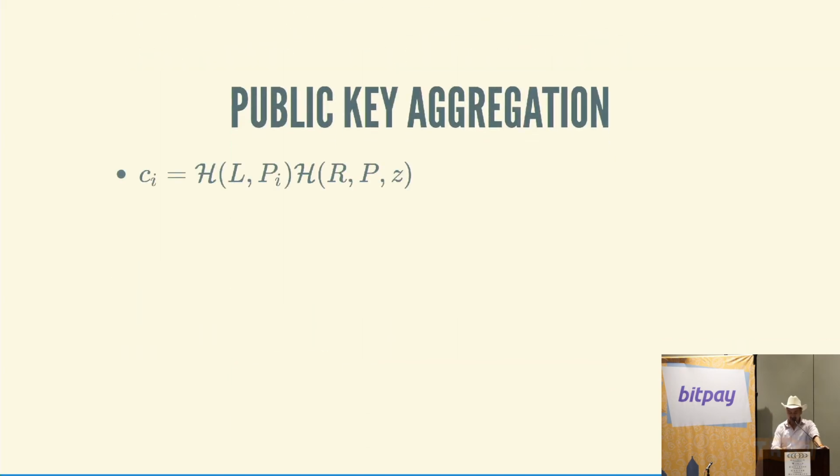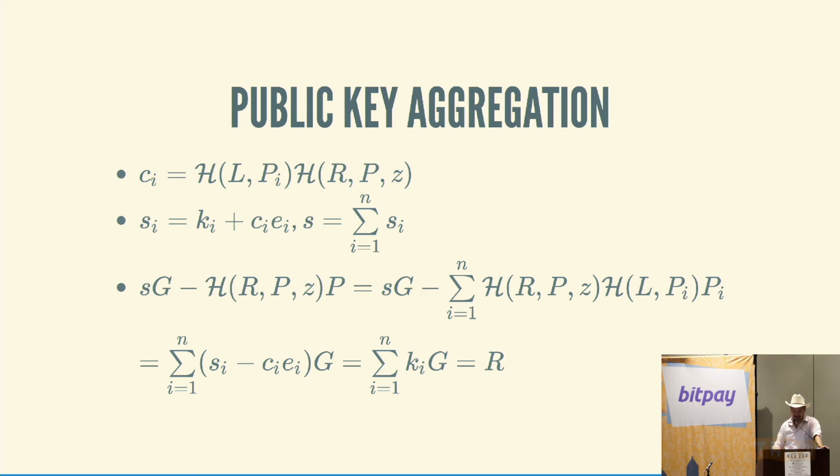Then you compute c sub i, which is that hash times the other hash, which is what you want to commit to. These are the things that are computed by each private key holder, and s is the sum of these things. And you can work out the math. The actual equation ends up being s G minus this thing, because we can sum over it; we know the definition of P is the sum of H of L comma P sub i times P sub i.